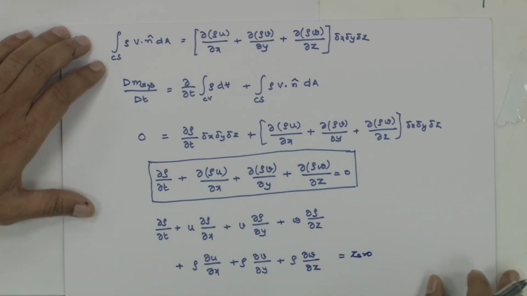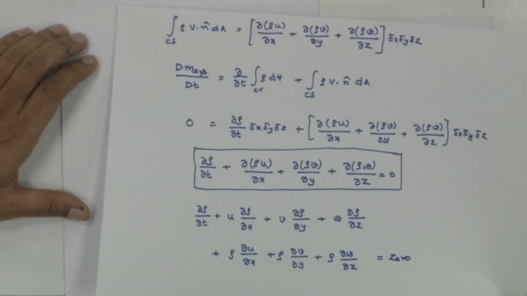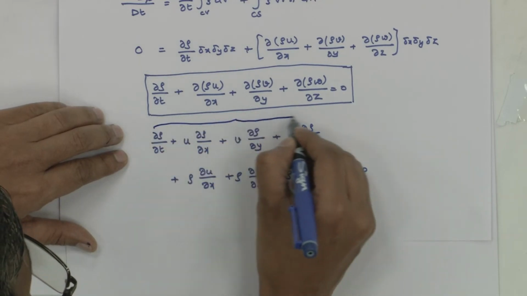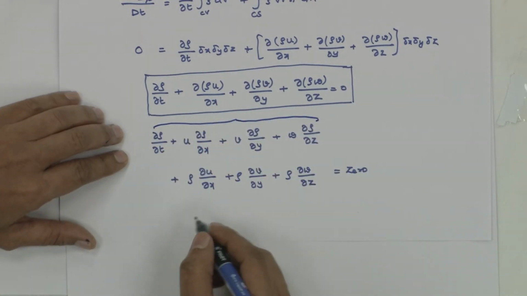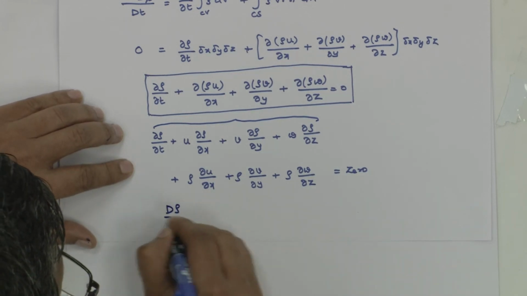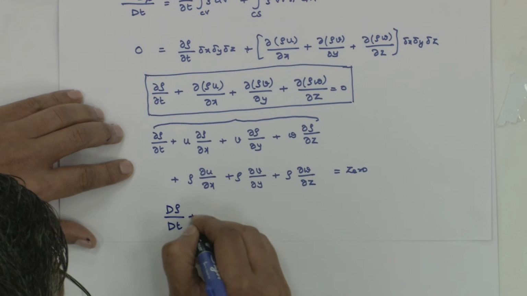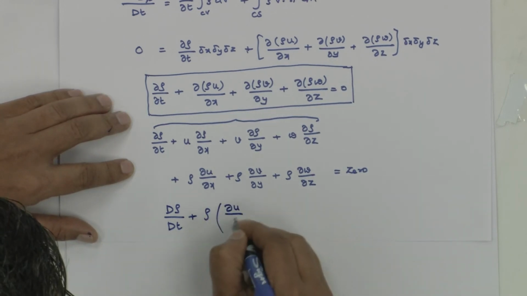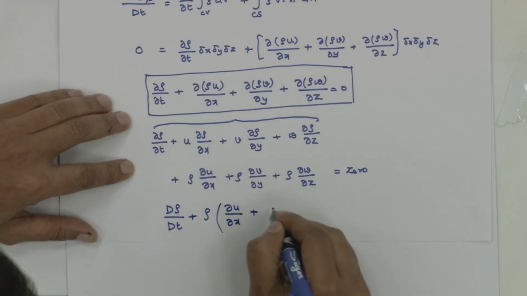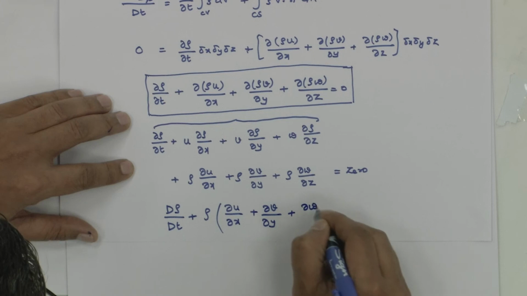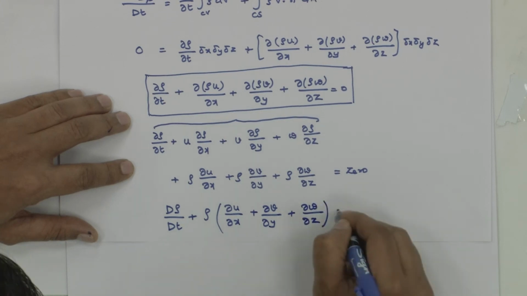Okay. So now, what is the whole of this? The whole of this is nothing but the total derivative of my density. So I can write that as d rho by dt plus rho of del u by del x plus del v by del y plus del w by del z is equal to 0.